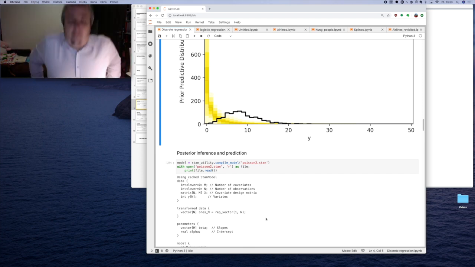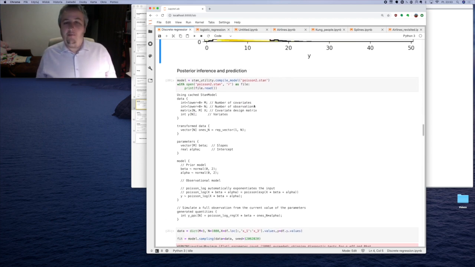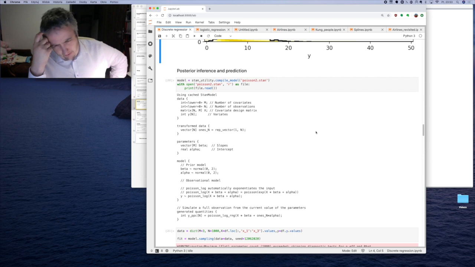Posterior inference in this case will just create a Stan model that will, as previously, get the number of covariates and number of observations. We use our design matrix, and we have our outputs. Again, we're using the vectorized version of the code in order to make it run faster.